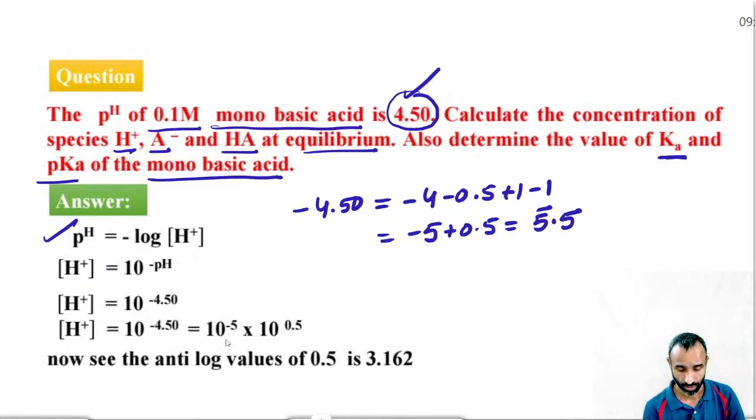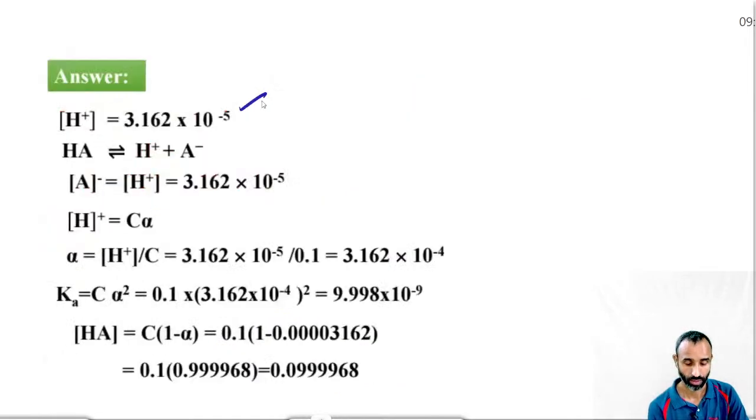That means it is 10 raised to power minus 5 into 10 raised to power 0.5. This part is positive 0.5, and this 10 raised to power 0.5, that means antilog of 0.5, is 3.162, and therefore the value comes out to be 3.162 into 10 raised to power minus 5.